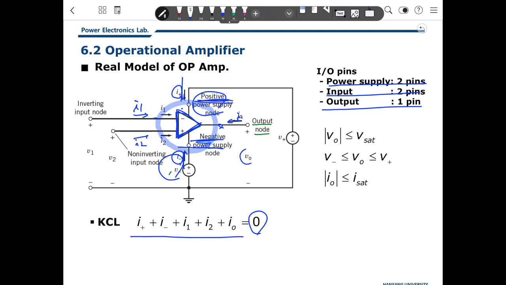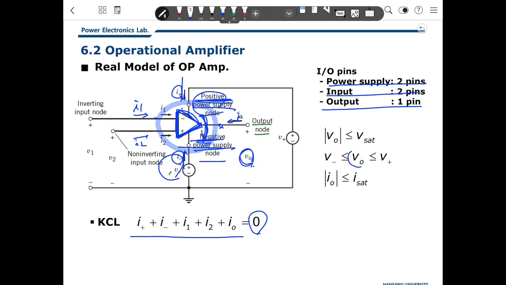Vout may want to be high based on the external circuits, but Vout will be limited by the source, because the op-amp cannot go higher than the power supply voltages.